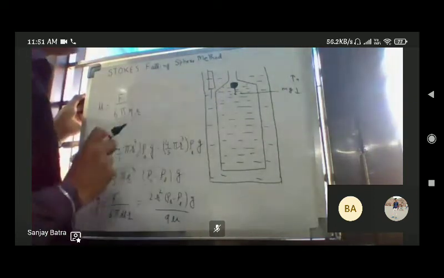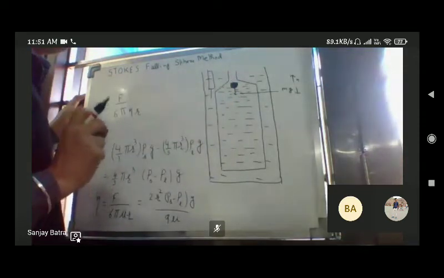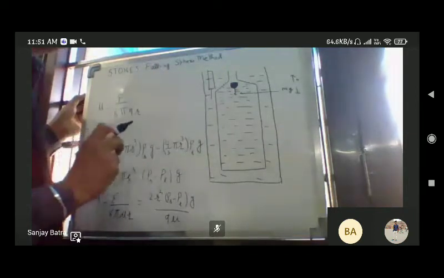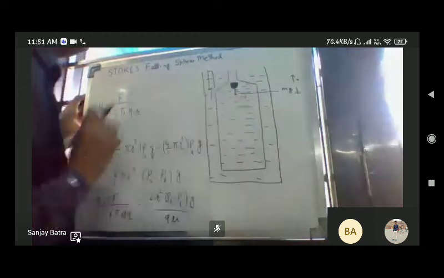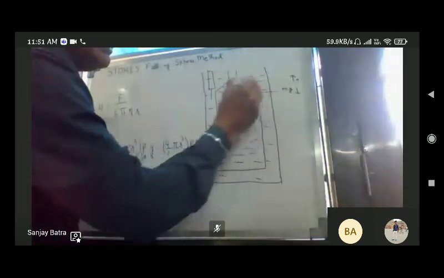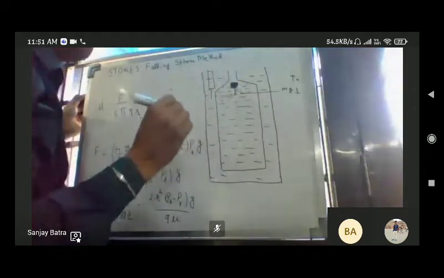When it comes down, initially it has a different velocity. Different means that the velocity is going to change initially when it enters the liquid, but after a certain point, it attains a constant speed. So that constant velocity is normally seen once it is inside the liquid at a particular distance.